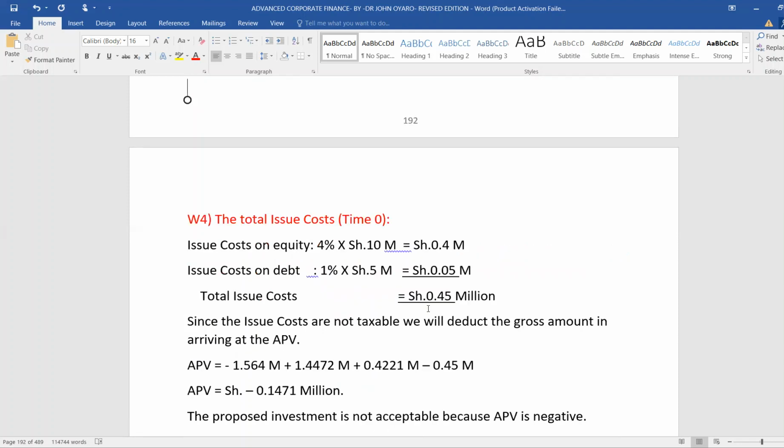1% of 5 million of the normal debt. Then the issue cost on equity is 4% of the external equity. 10 million were to be raised through a rights issue. No issue cost on internal equity. So 4% of 10 million is 0.4 million. 1% of 5 million, you can confirm whether that is 0.05 million.